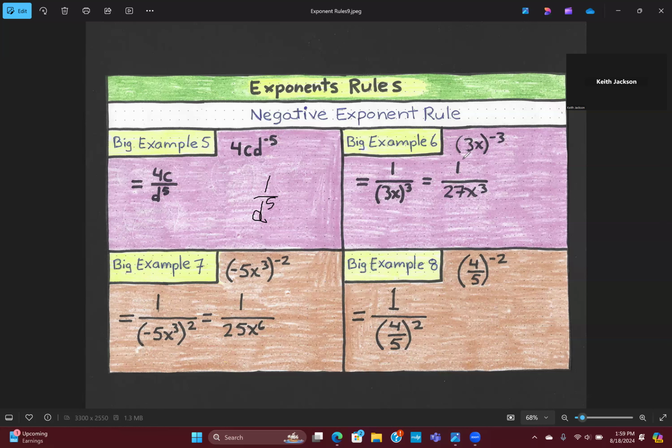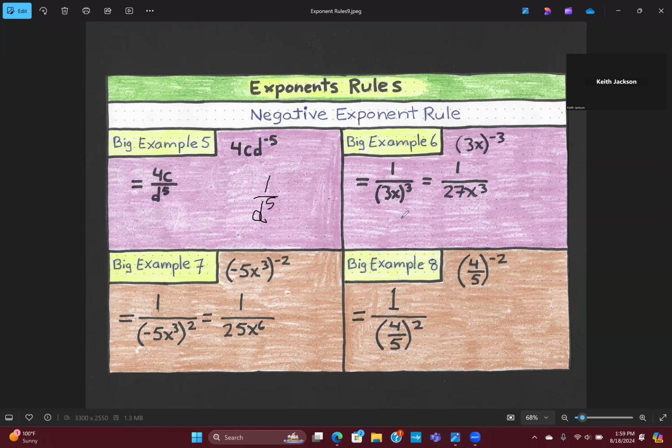And so the quantity of 3x raised to the negative third power would just simply be rewritten as 1 over the quantity of 3x raised to the third power. And here's what we have right here once we complete our answer, because we know that 3 times 3 times 3 will give us 27, and x raised to the third power will give us x to the third power. And so our answer for big example 6 will be 1 over 27x to the third power.